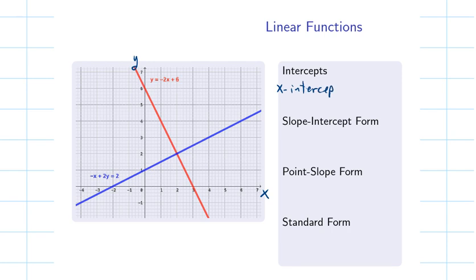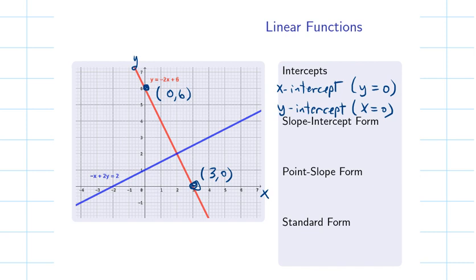That would be right over here, and this is the point 3, 0, and notice that the y-coordinate is 0, and for the y-intercept, notice that the x is going to equal 0.